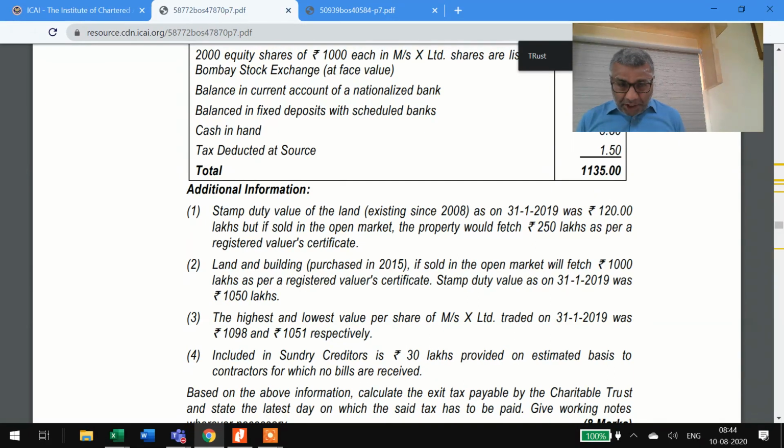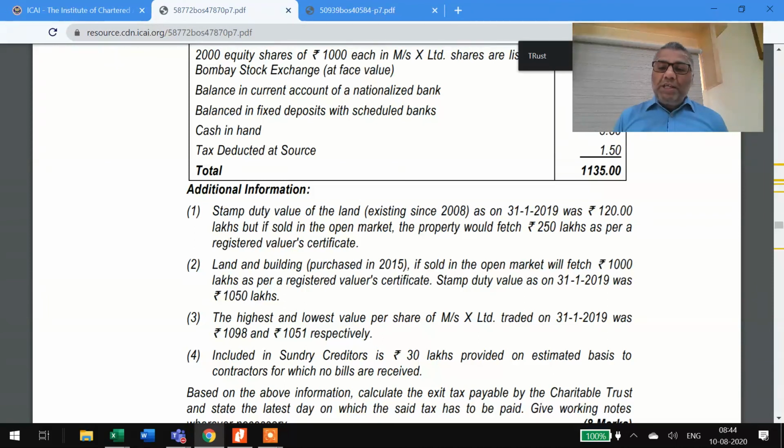That information is just to confuse you. Please remember it is before grant of exemption, you should not take it. Land and building purchased in 2015, if sold in the open market will fetch 1000 as per the registered value certificate, whereas the stamp value is 1050.